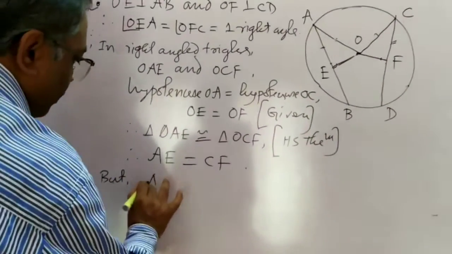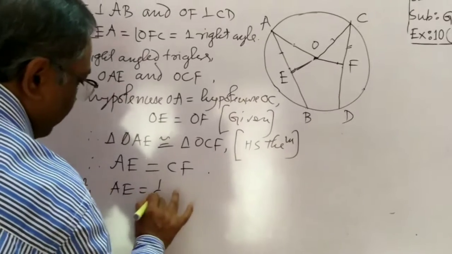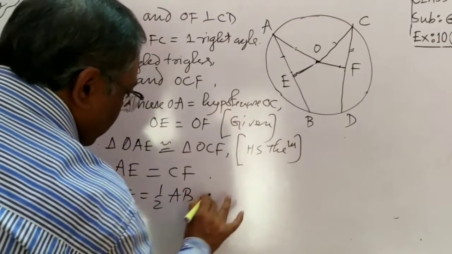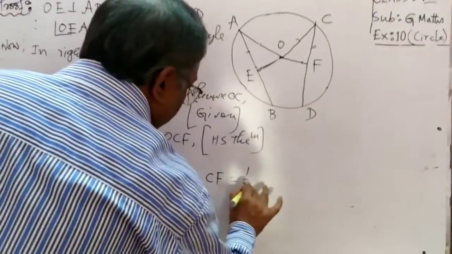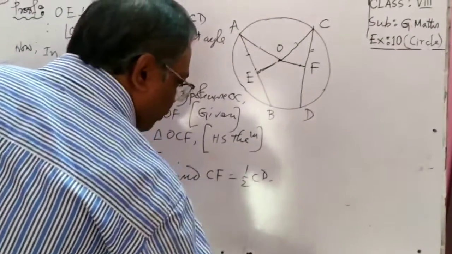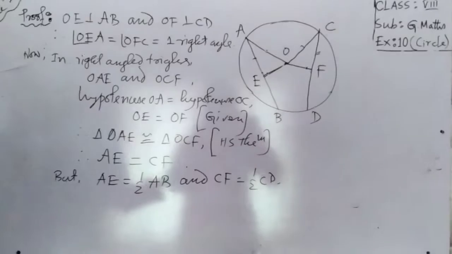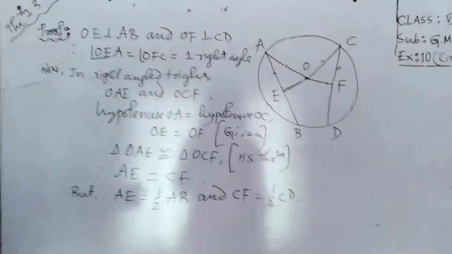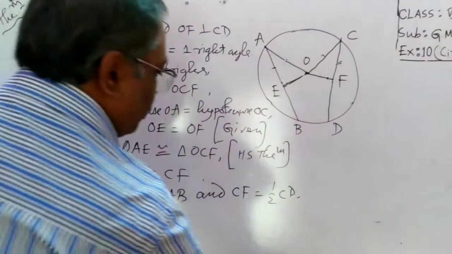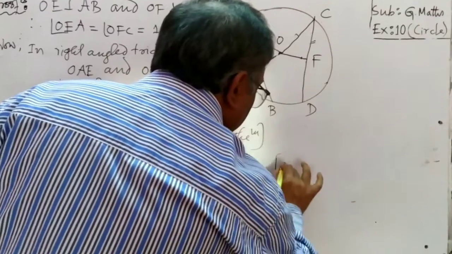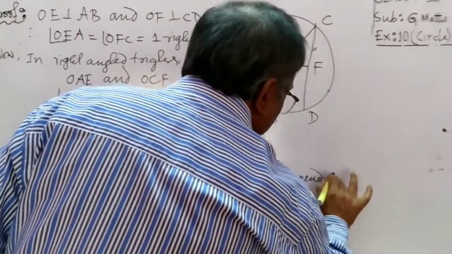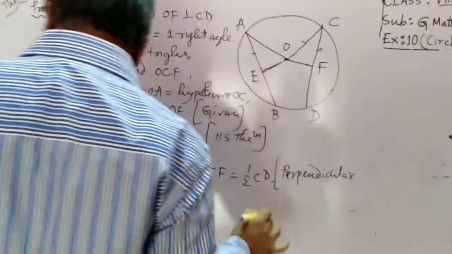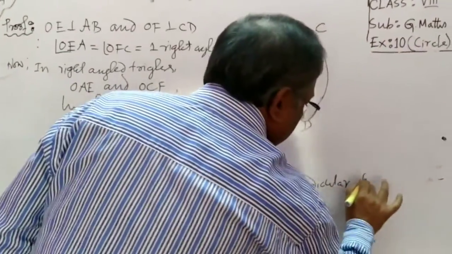But AE equals half AB and CF equals half CD, because perpendicular from the center bisect the chord.